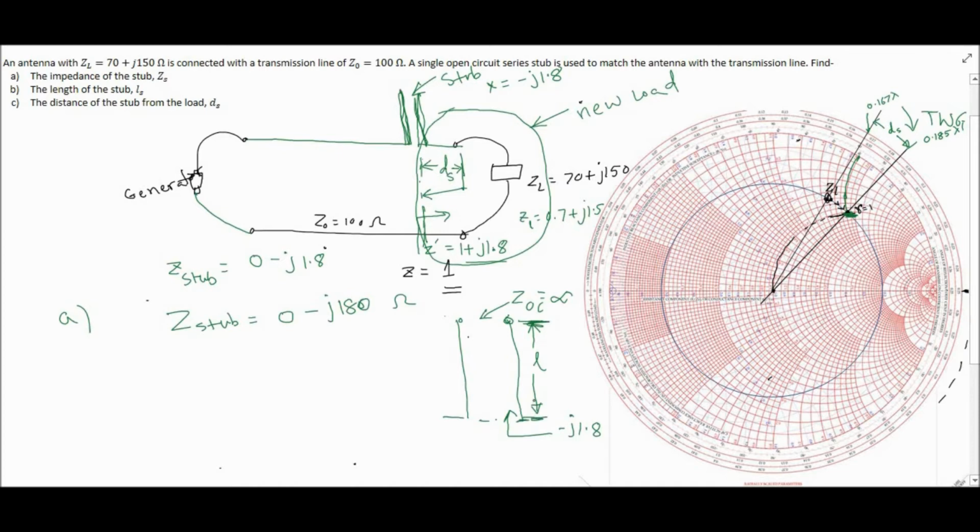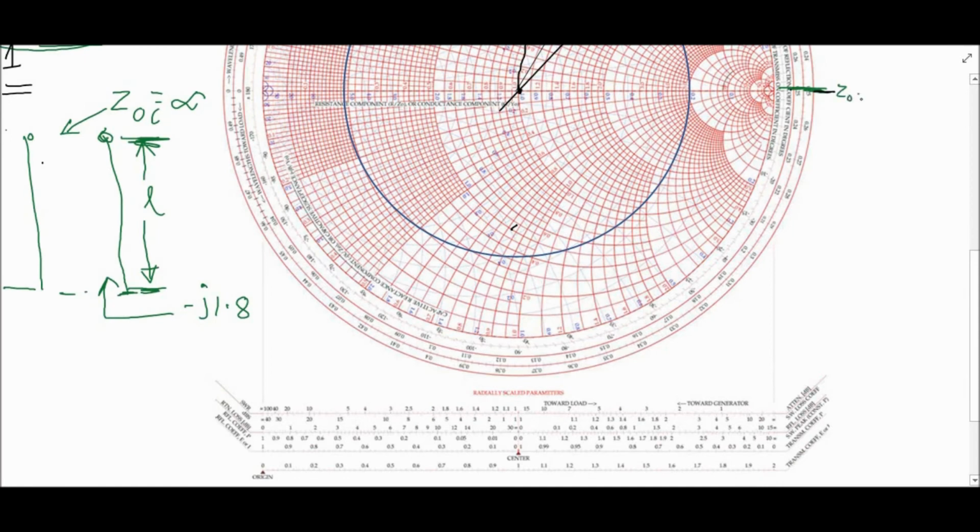So now let me find the infinity point from the Smith chart, and then find negative 1.8 from the Smith chart and their distance. Impedance infinity will be here. This is my infinity point, or ZOC, and 1.8 is somewhere here.